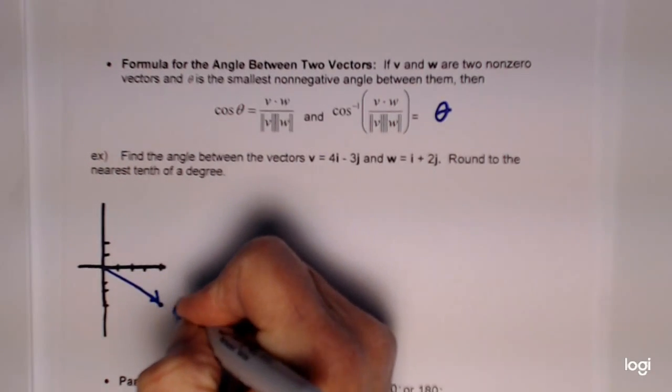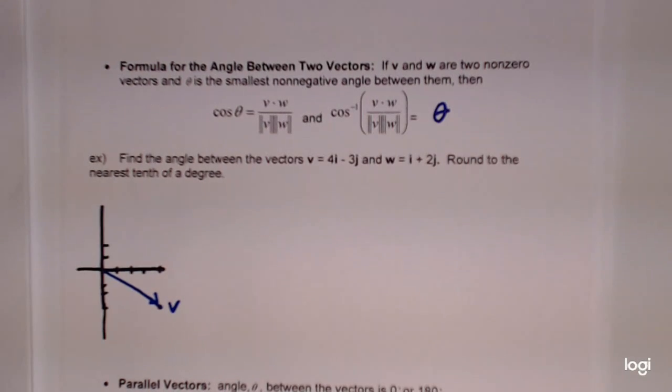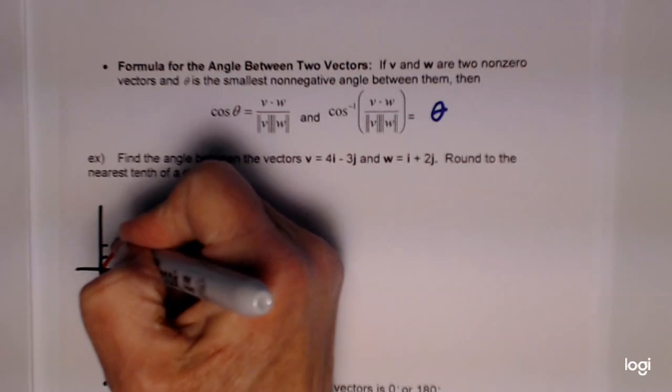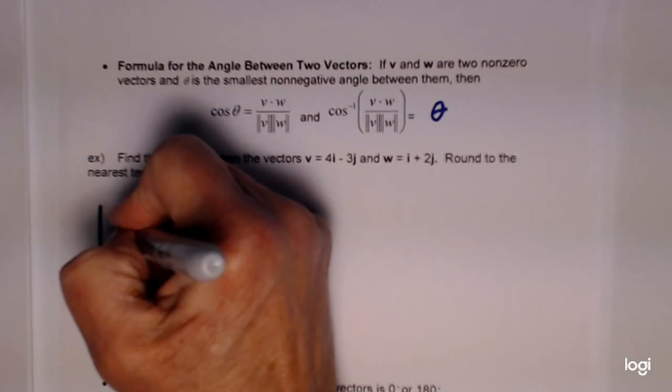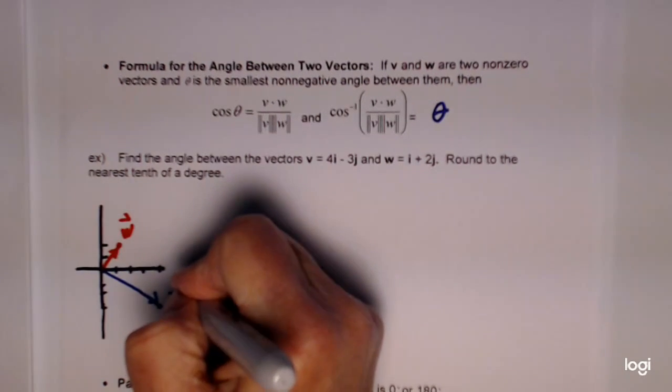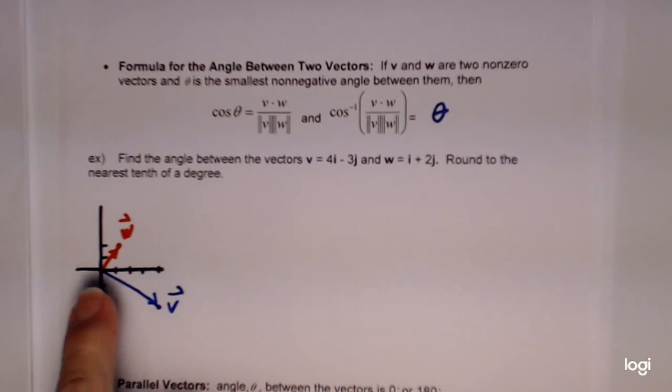And here is our vector v. For vector w, 1, 2. So 1, 2. There is our vector w, and I didn't put my little vector symbols here. So here are the two vectors that we're talking about.